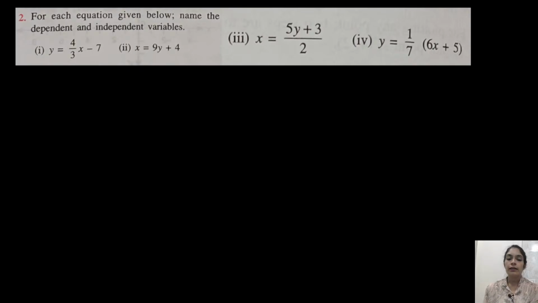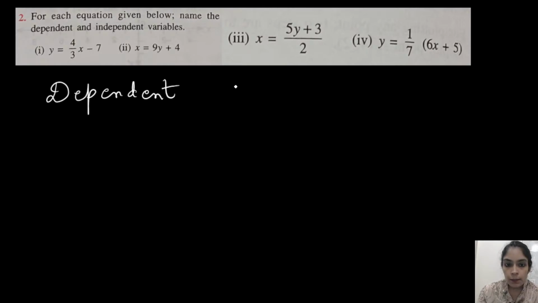The next question is again very easy. The question is based on dependent and independent variables. So for the first equation, which variable is dependent, we will write in all of these. I'm going to write like this: dependent and independent.